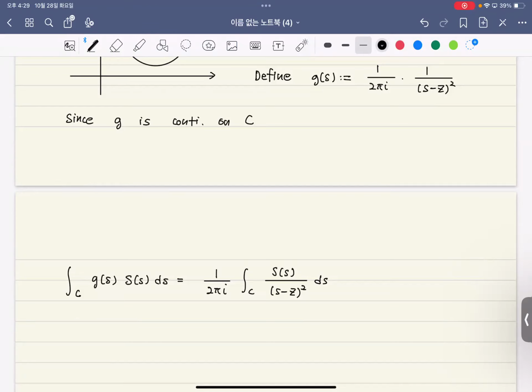Can you recognize this expression? Yes, this is clearly S prime of z because of Cauchy's integral formula, right?